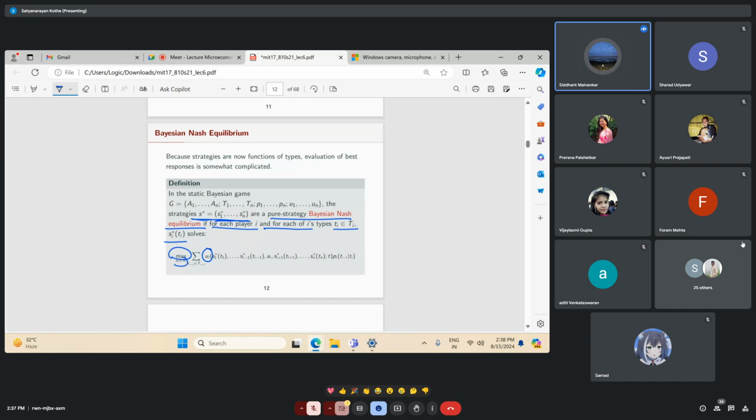for the actions which are available, that is Ai, which are an element of Ai, and the summation of, see, a very important implication is there, summation of what? Summation of payoffs. Ui is a function of S1, S2, S3, correct?